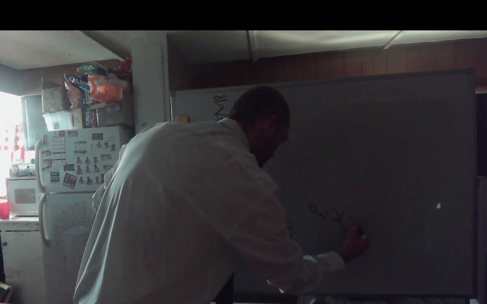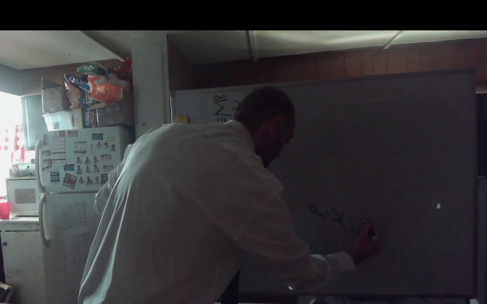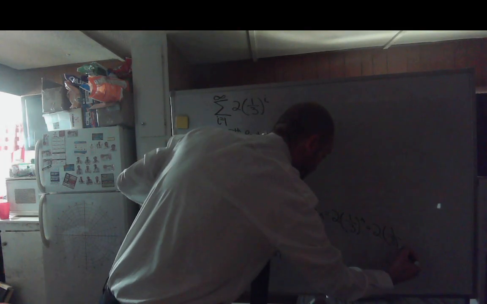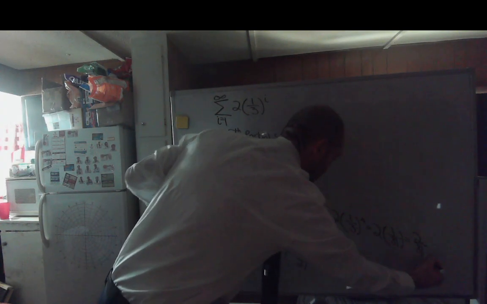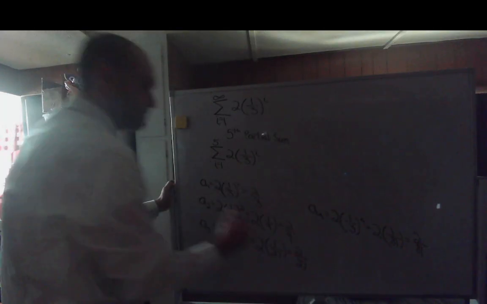Let's find the fourth term. A sub 4, that's going to be 2 times 1/3 to the fourth power. Well, that would be 2 times 1/81, or simply 2/81. And then we have the fifth term.